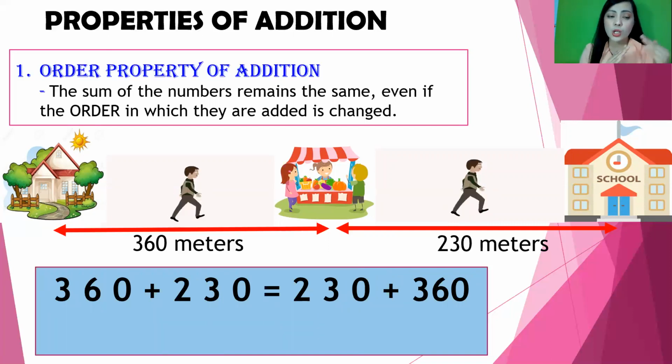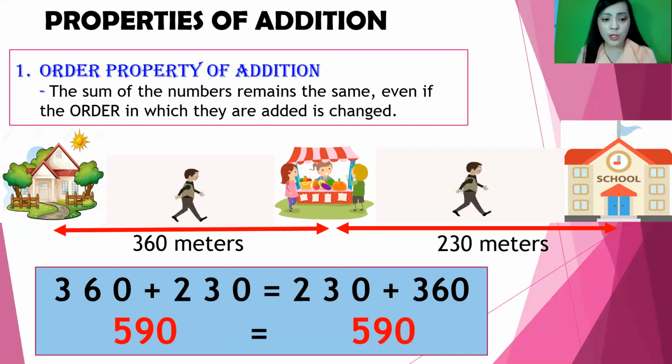When he goes from house to school, and school to house, he will get the same answer. So 360 plus 230 is equal to 590. 230 plus 360 equal to 590.